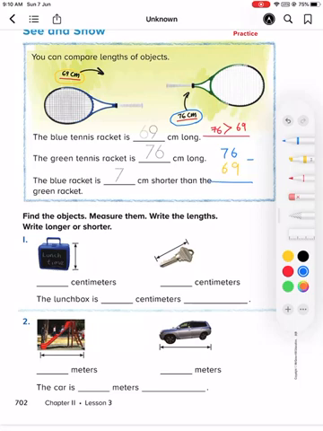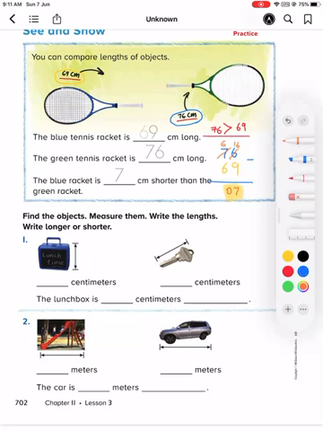So 76 minus 69. 6 minus 9 is not possible in subtraction, so we will borrow from the 7. 16 minus 9 is 7 and 6 minus 6 is 0. So this is the answer to our question.